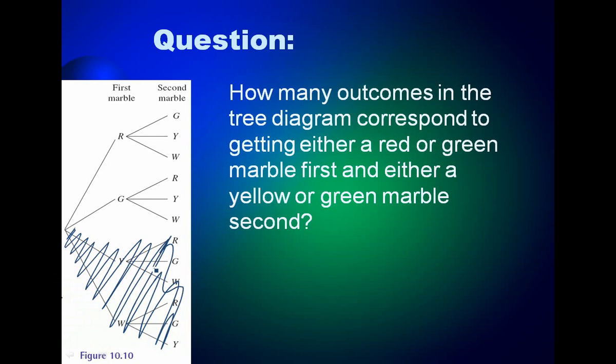And we're either going to get a yellow or a green marble second. Green, yellow, not interested in the white, not interested in the red, not interested in the white. So that is 3 different outcomes: red, green, red, yellow, and green, yellow.